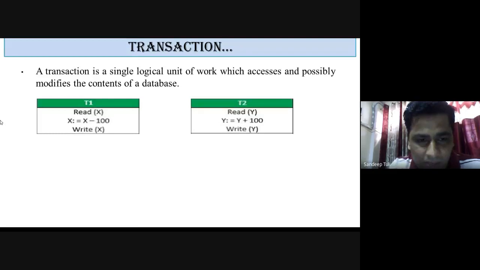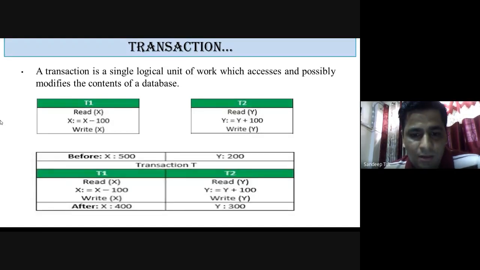With the help of these two examples, you can see that we are trying to access as well as modify the content of the database, some objects of the database. So T1 is a logical unit and can be considered a separate transaction. T2 can be treated as a different logical unit that is accessing or modifying some other object of the database. It can also be considered a transaction. Is it okay?